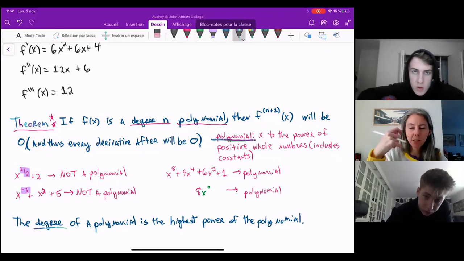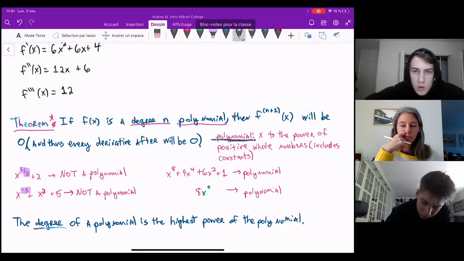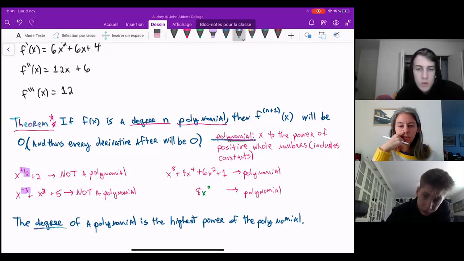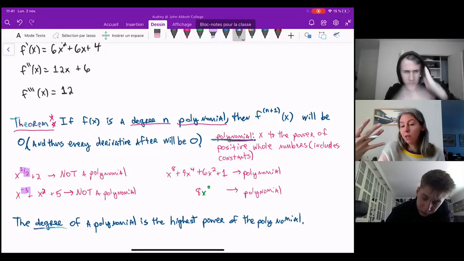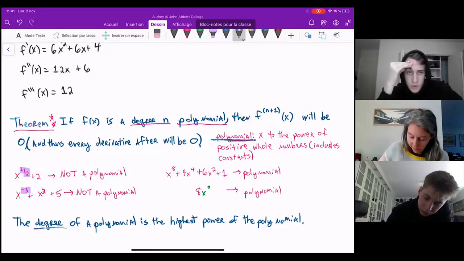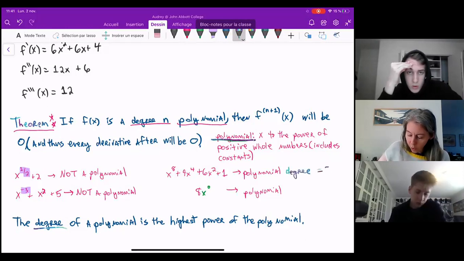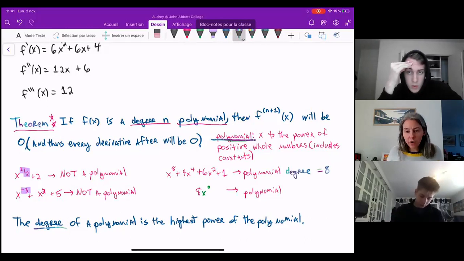What's the highest power there? X to the 8th. So the degree of this polynomial is 8. So this theorem tells me that by the 9th derivative, it will be 0.